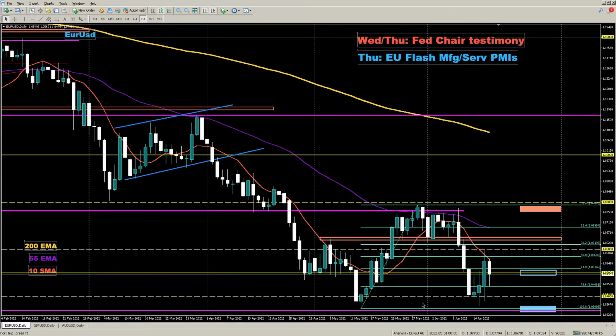Okay, so we'll see what the US dollar price action is going to be for next week, but let's also take a look at the US dollar index to see what happened after the Federal Reserve announcement.